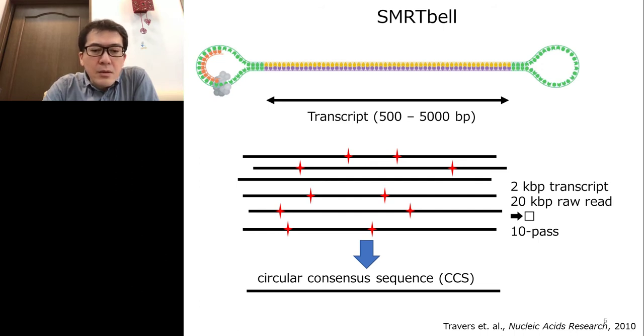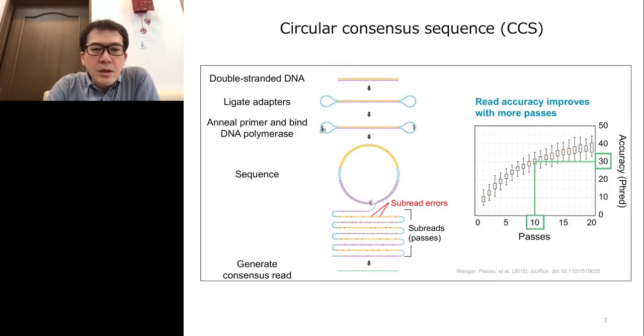And the consensus sequence is called circular consensus sequence, CCS. So again, double-stranded DNA is made circular with hairpin adapters and sequenced repeatedly to generate accurate sequence information.